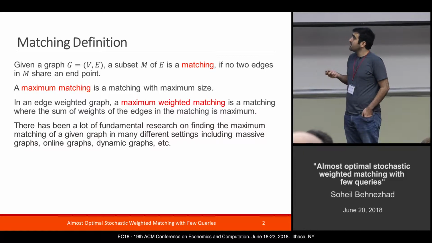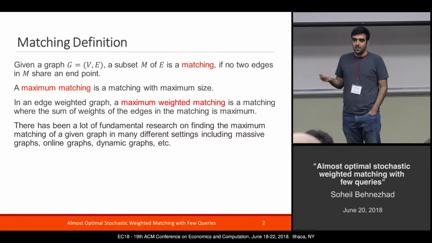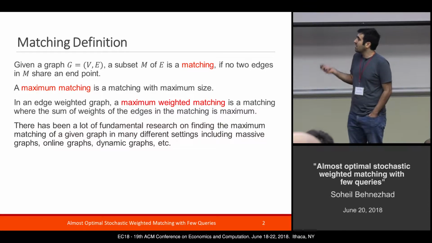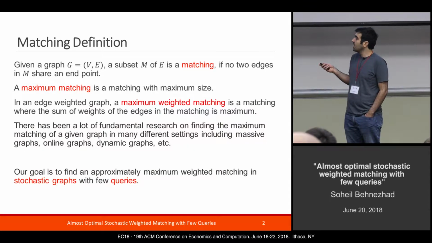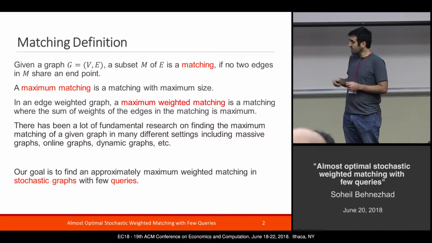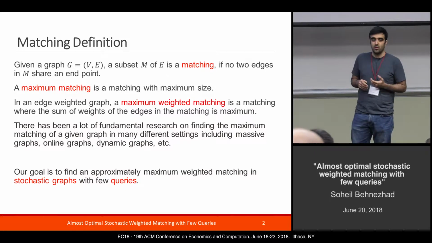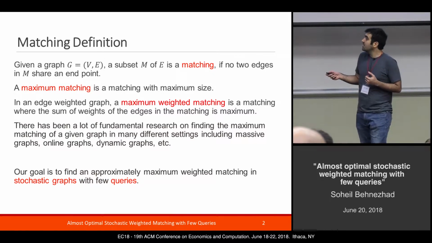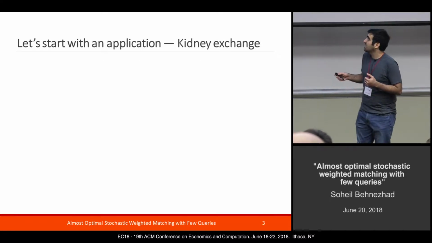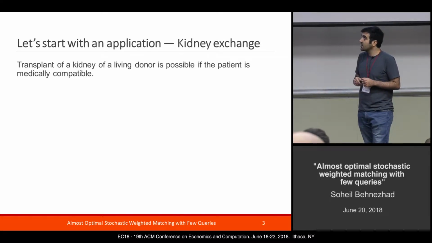And there has been a lot of fundamental research on finding maximum matchings in different settings, including massive graphs, online graphs, dynamic graphs, etc. And our goal here is to find an approximately maximum weighted matching in stochastic graphs with few queries. Before describing the actual model, I will start with an application in kidney exchange.